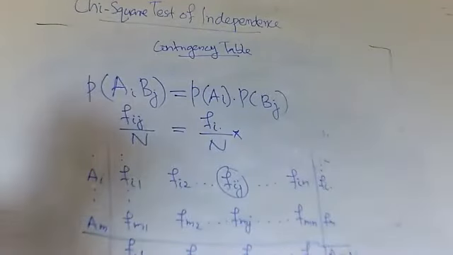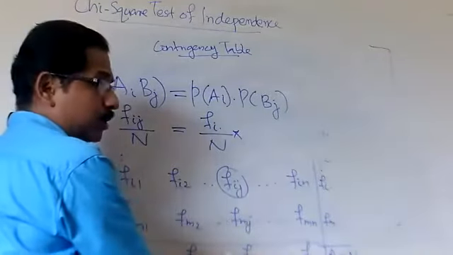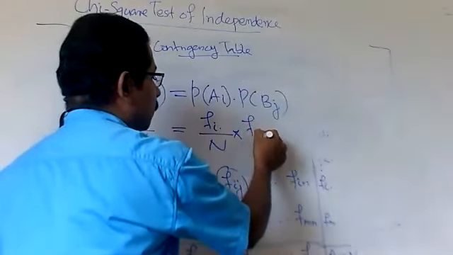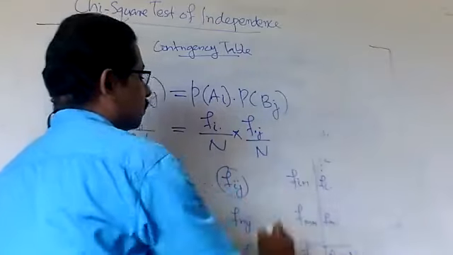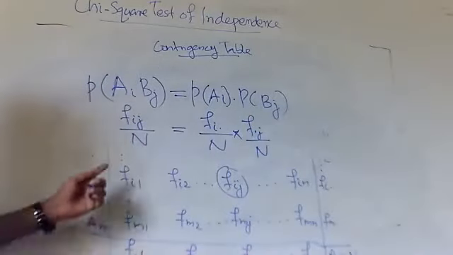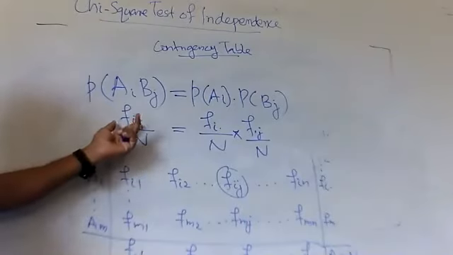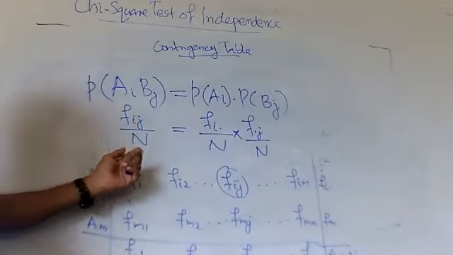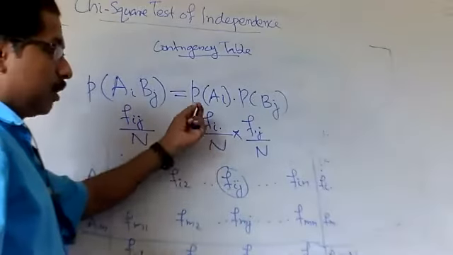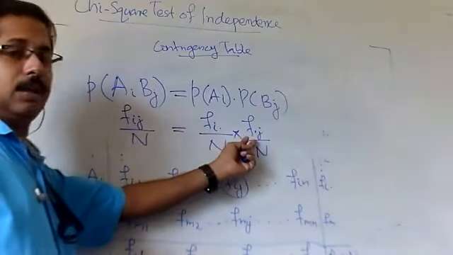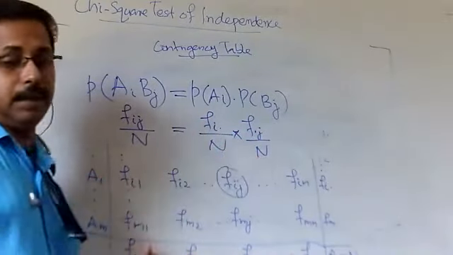Probability of Bj means for Bj you have F dot j observations. You divide that number of observations by the total number. So you get Fij divided by N. Fij means the total number of observations in the ijth cell divided by total observations. Fi dot is the total number in the ith row divided by N, and F dot j is the total number in the jth column divided by N.